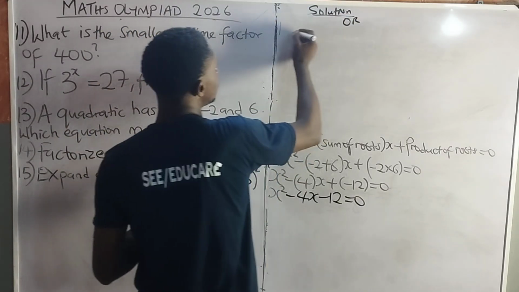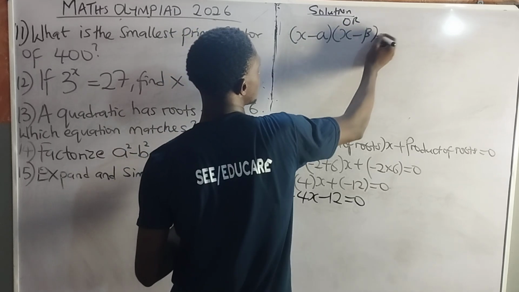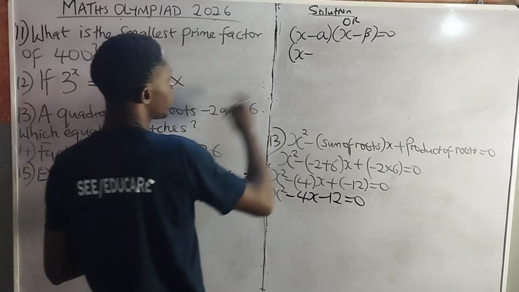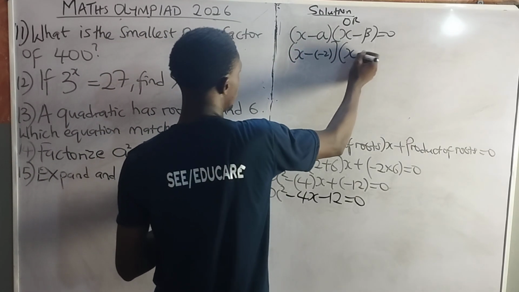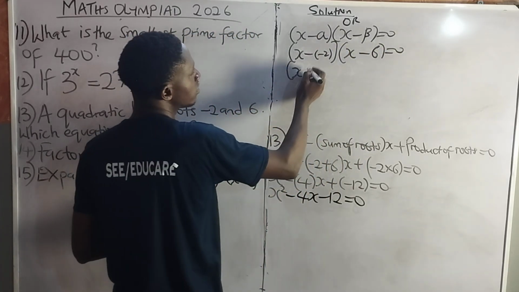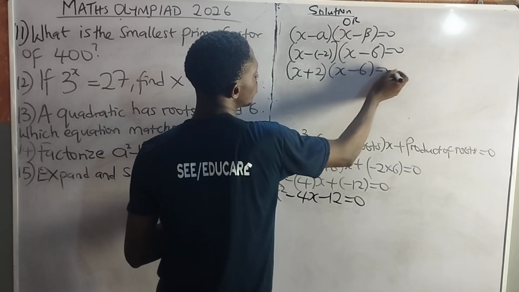Or you can do x minus alpha, bracket x minus beta, is equal to 0. So x minus, our alpha here is -2, then bracket x minus our beta here, which is 6, equal to 0. x minus times minus is +2, bracket x minus 6 equal to 0.